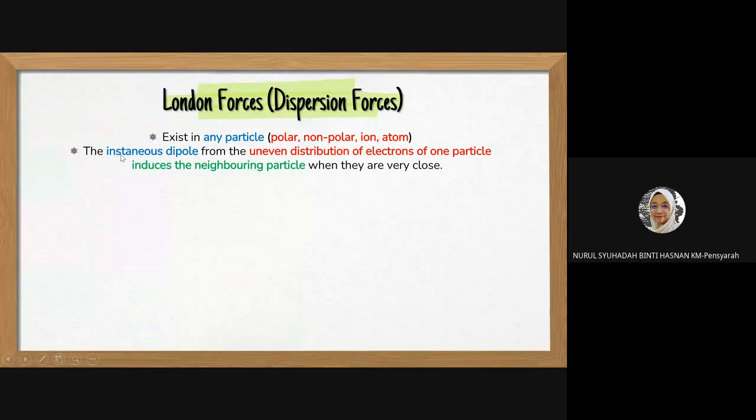London forces is the instantaneous dipole from the uneven distribution of electron of one particle induces the neighboring particle when they are very close. Okay, now, so selalunya untuk London forces dekat sini, kita akan terangkan dia particularly for a non-polar molecule. Okay, so non-polar molecule.